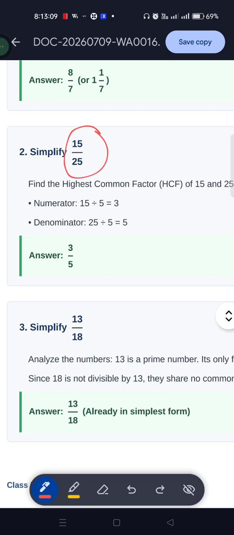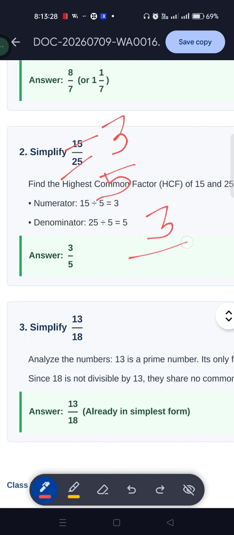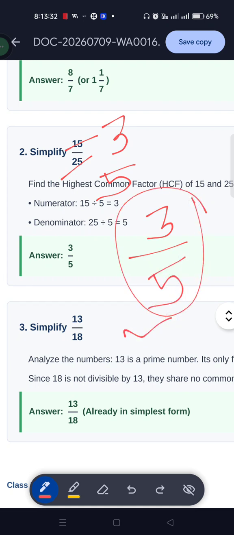Okay, so how will you cut it? I am directly cutting it here. 5 threes are 15 and 5 fives are 25. So you will get 3 upon 5. So 3 upon 5 will be the simplest form.